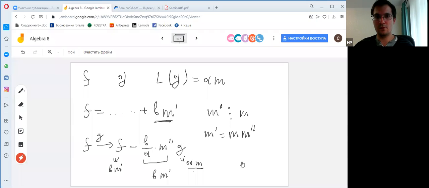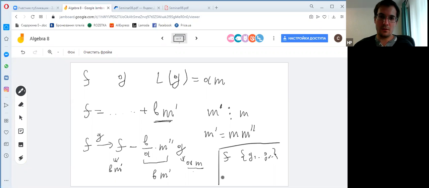And if we have some polynomial f and some system g1, ..., gk, we can take f and take a reduction in some order g1, g2, maybe one more time g1, and so on.